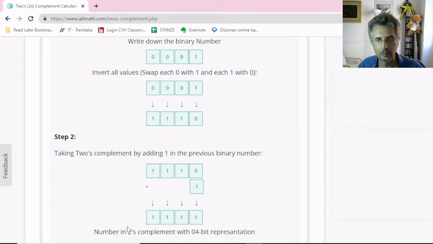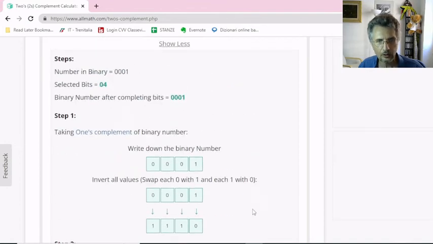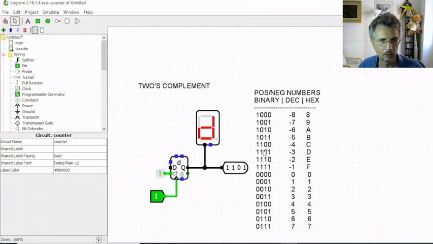The result, which I repeat is called the 2's complement of the first number, is 1111.